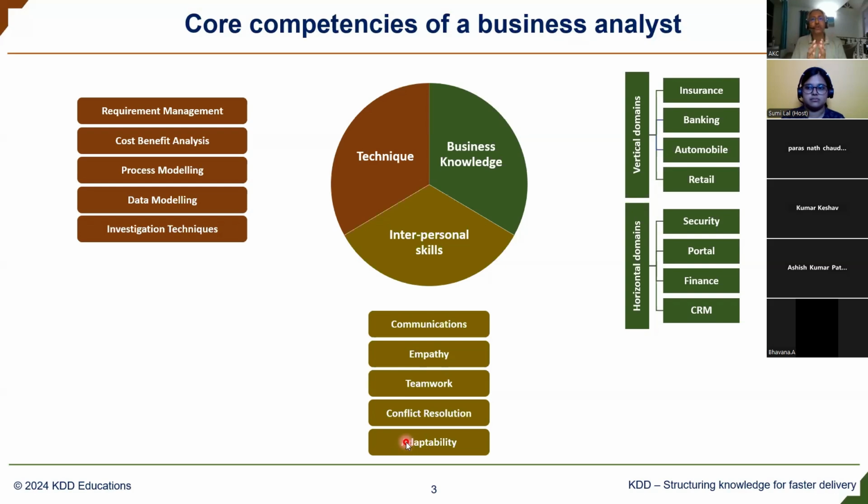But what we are going to focus on today is business knowledge. And in business knowledge also, I'm talking more specifically about the vertical domain, right? So business knowledge could be vertical domain or horizontal domain. Vertical domain is typically what we call industry, which could be insurance, banking, healthcare, manufacturing, aviation, all these industries. So our focus in this session will be more on the vertical domain.